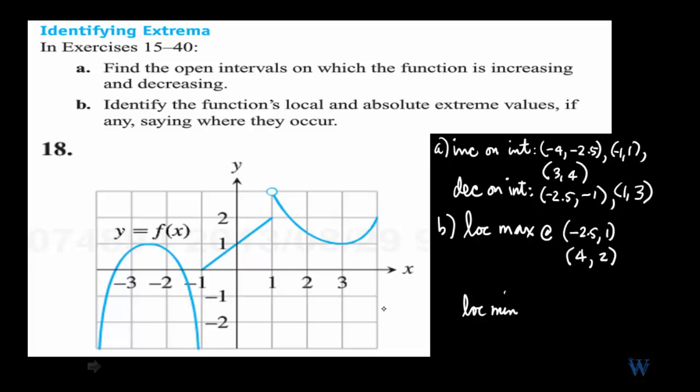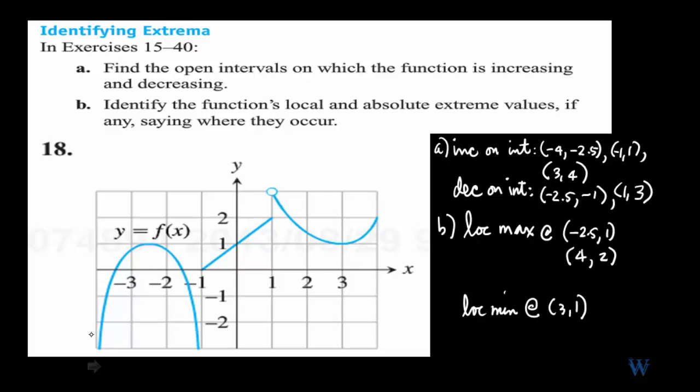If you take this open interval, then that's not a local min, that's not a local max. Here's a local min. So it's at 3, 1. Right, so where else? I think that's it. It's the only time where on an interval around there and here, nope. Here, nope. Here again, nope.